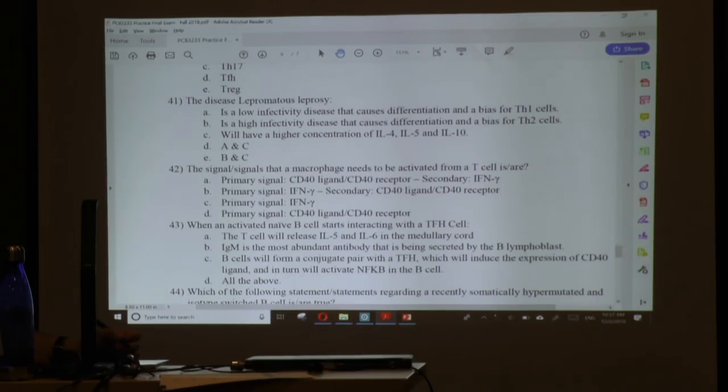And when you have Th2 activation, you have activation of B cells. And B cells are not going to be any good if you have a bacteria that's inside macrophages, because if you make antibodies, these antibodies are not going to be able to get into the macrophages, right? So the lepromatous leprosy that has a Th2 bias is worse because of that. You just create an immune response that's not going to work.